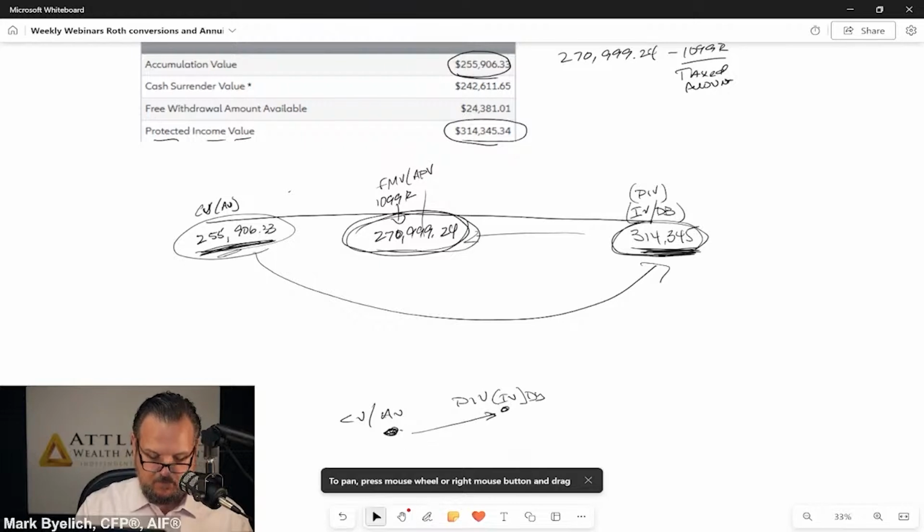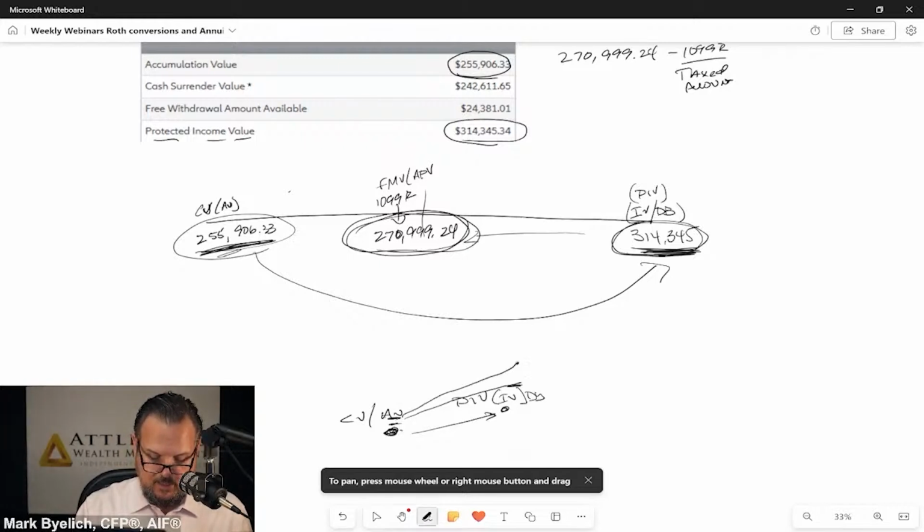So that's the difference between the two. But as your years go by, this typically widens because we get some growth here, but the multiple is much greater typically on these income values and death benefits. So hopefully we have some good growth or decent growth on the annuity side.